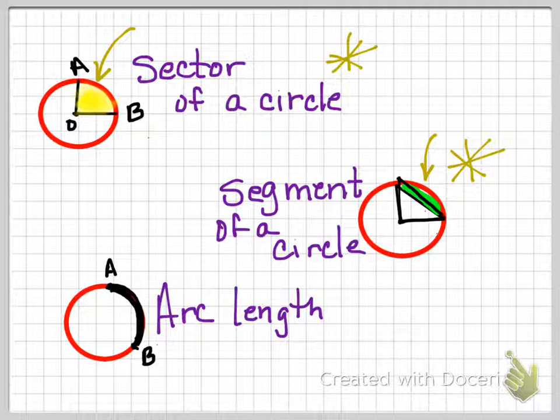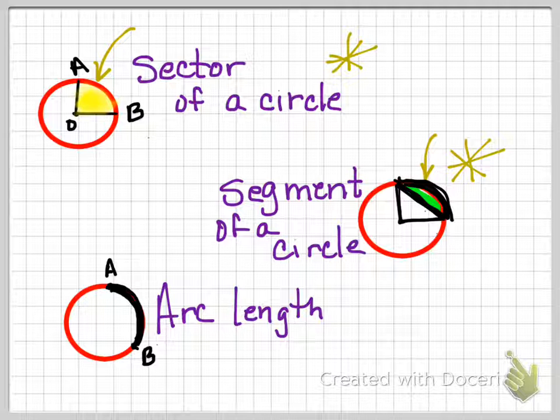But then we have this triangle and this arc, and the segment is that little piece between the triangle and the arc. We call that a segment of a circle. And we're going to look at how to find the area of the segment of the circle too. That's kind of a composite relationship.